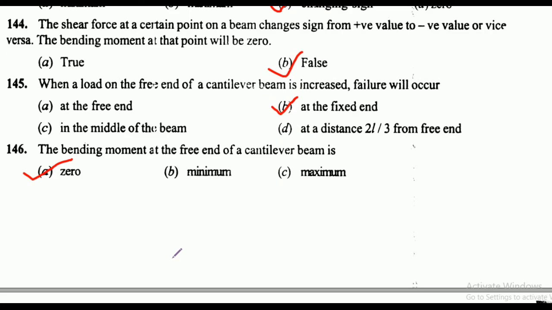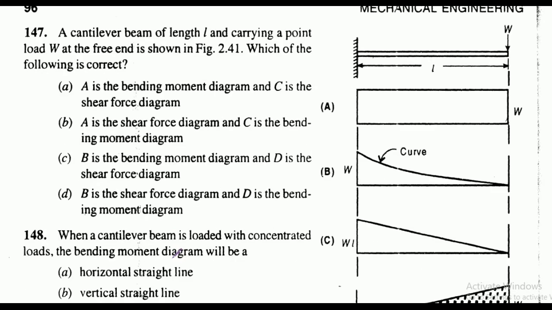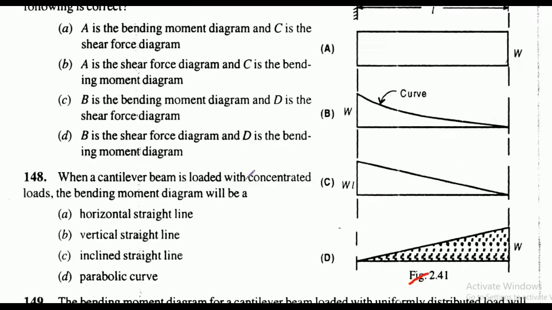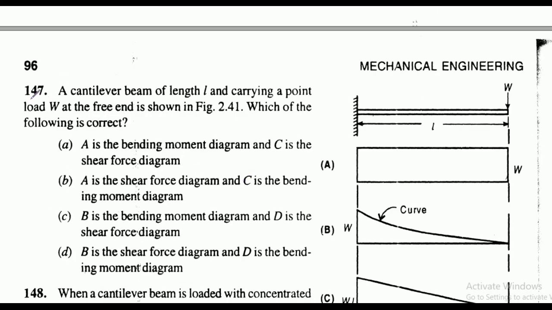Next is, here, this question is for this figure. Now a cantilever beam of length L and carrying a point load W at the free end is shown in figure. Which of the following is correct?